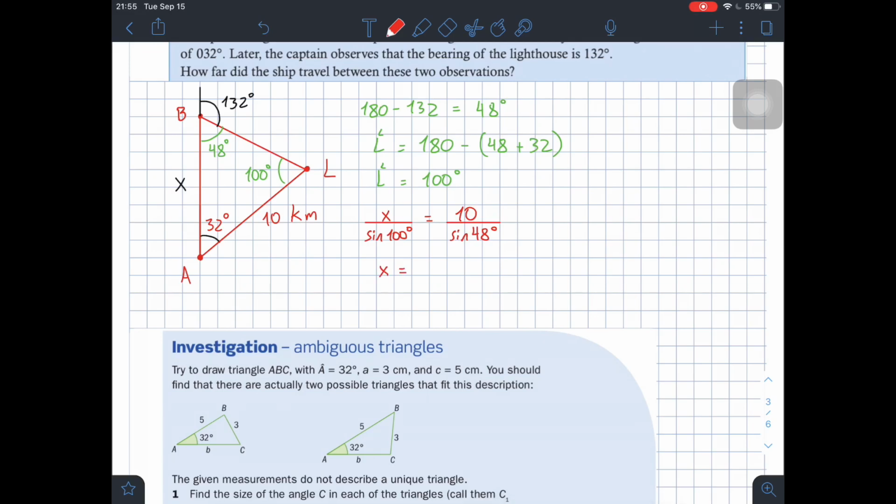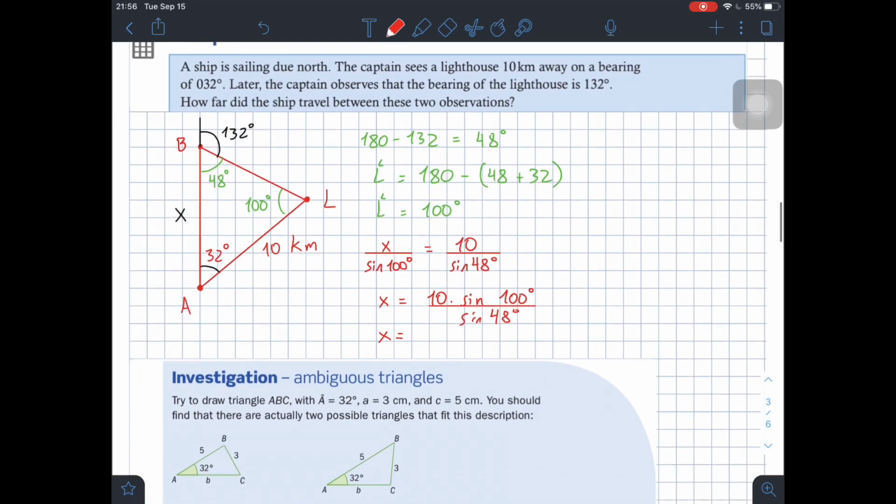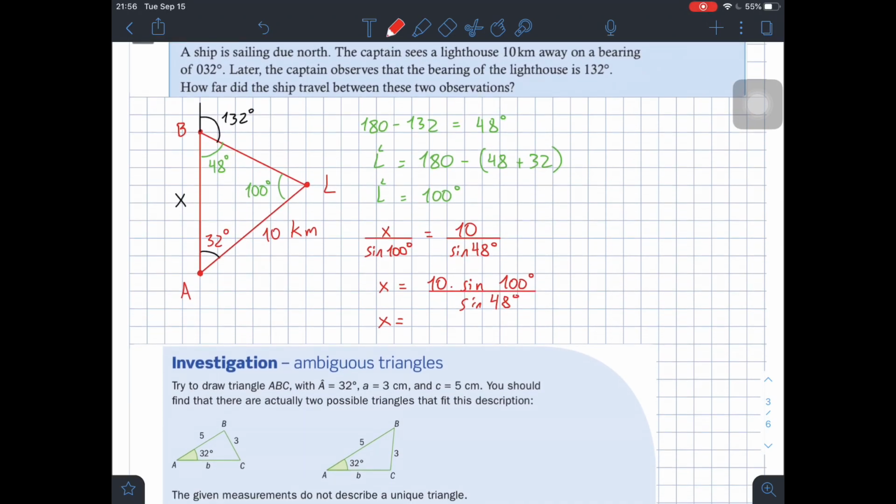So x would be 10 times sine of 100, divided by sine of 48 degrees. If we solve this using a calculator, you're going to get a length of 13.25 kilometers. And this would be the final result for this exercise.